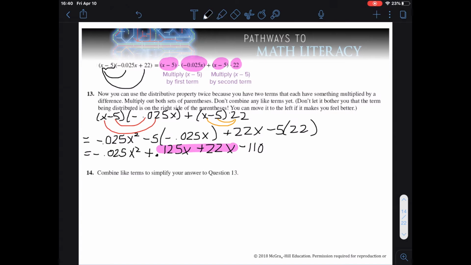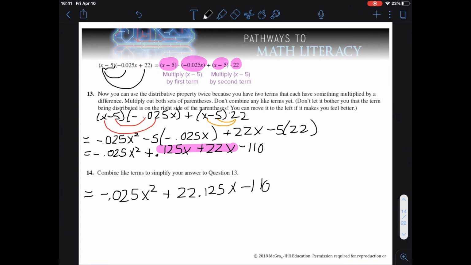The x squareds are on their own, the constants are on their own, so we combine the x terms and get negative 0.025x squared plus 22.125x minus 110.